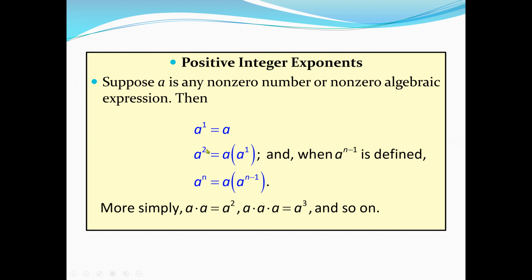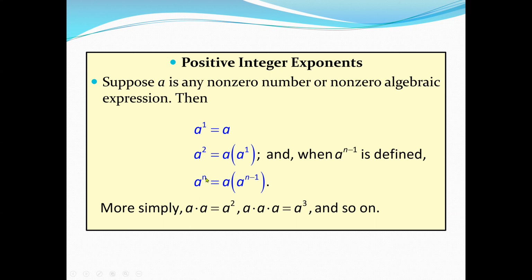A raised to the power 2 is the same as saying a times a. Or in this case, we say a times a raised to the power 1. So anytime we have a raised to the power n, it will be a times a raised to the power n minus 1. The reason why we are using minus 1 here is because we remove one a out.